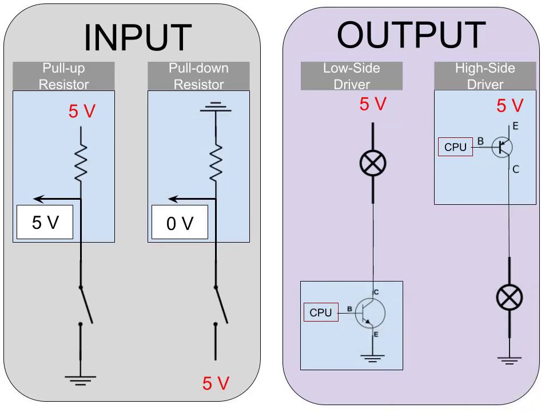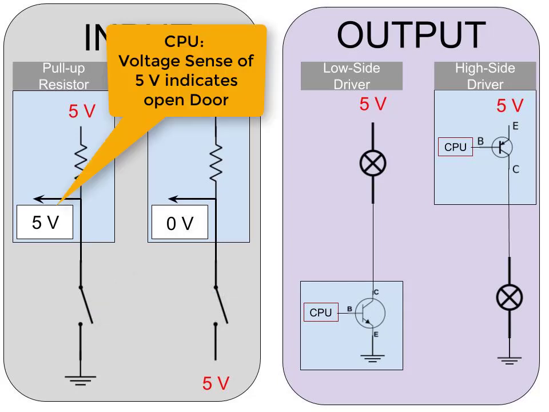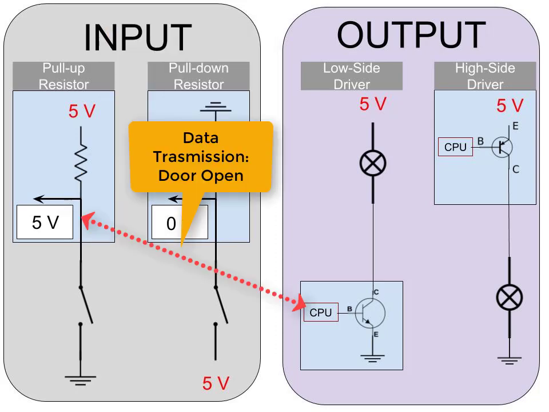All right, let's see the steps that happen when we open the switch. So we've opened the switch, the door is in the open position, and that gives us a voltage sense value of 5 volts. Stored internal to the PCM is the data that indicates that when the voltage sense is in the 5 volt position, that indicates that the door is open. I would then transmit that data across the CPU and tell the CPU that the door is in the open position.